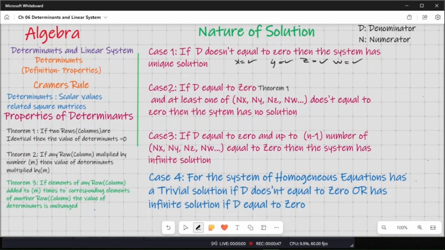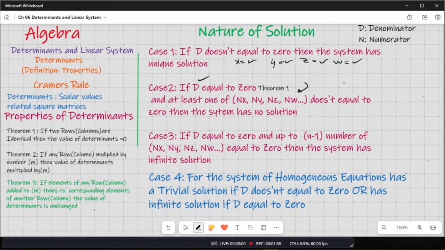Okay, case 2, if d equal to 0. Look at theorem 1. If two rows or two columns are identical, then the value of the denominator will be equal to 0. Okay, and at least one of nx, ny, nz, and nw, based on the order of the denominator or the number of unknowns in our system, doesn't equal to 0, then the system has no solution.